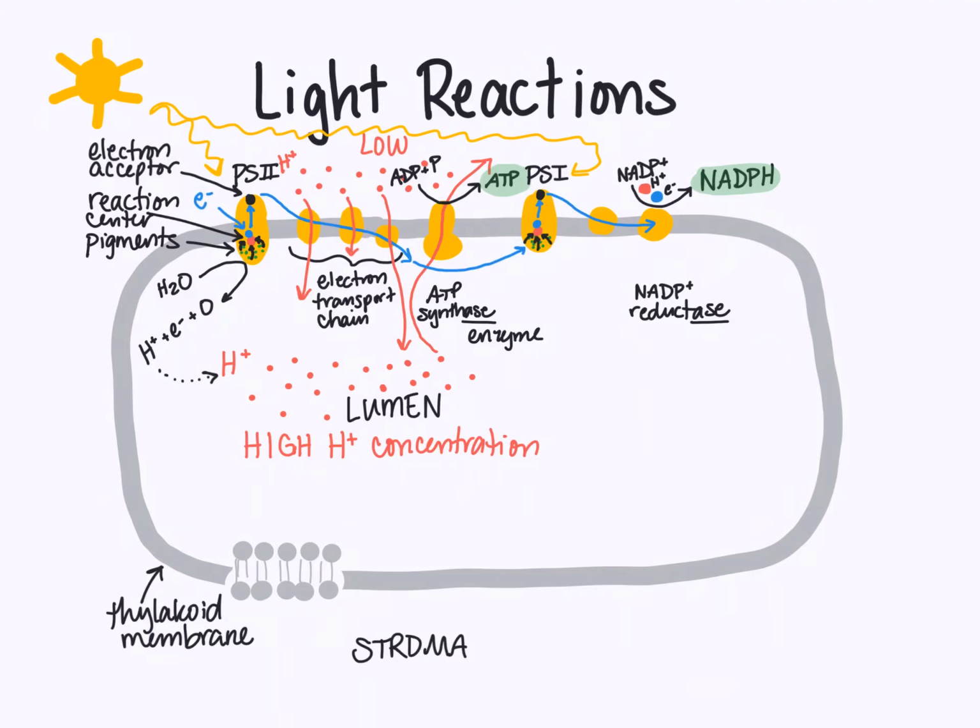So to synthesize something means to make. And so ATP synthase is an enzyme that makes ATP. For NADP plus reductase, what we have is an enzyme that reduces NADP plus. And remember that reduction is an increase in electrons.